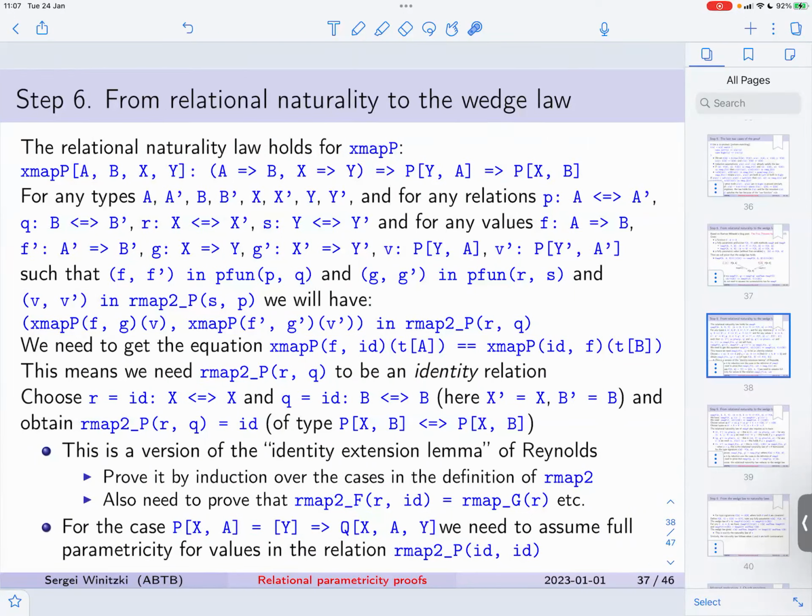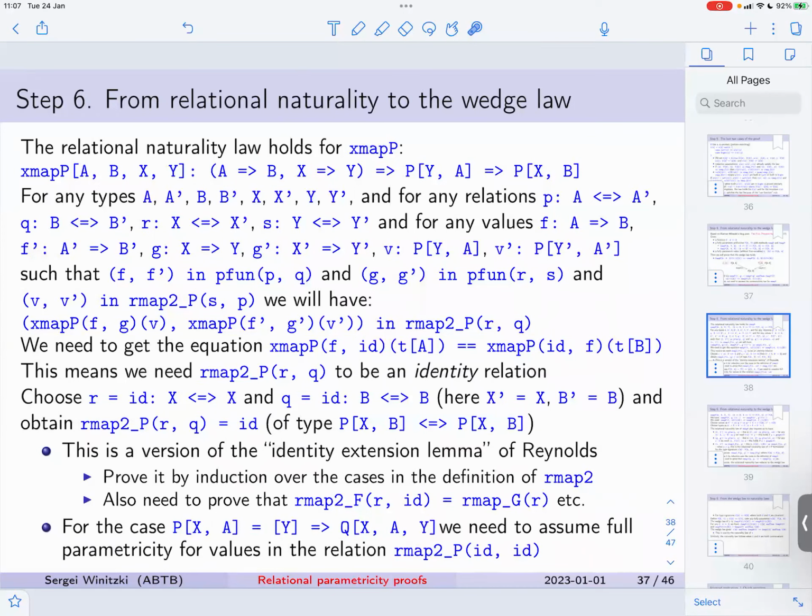So 6 different values for arguments. And then we can write down the relational naturality law. So we're going to introduce this notation: A, A prime, B, B prime, X, X prime, Y, Y prime, P, Q, R, S. They're going to be relations. And then functions f and g, f prime, g prime. And then v for this and v prime for the other one.